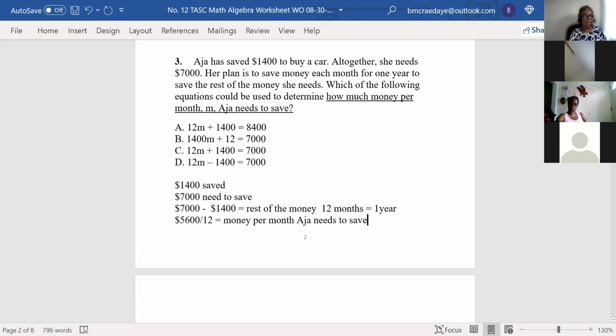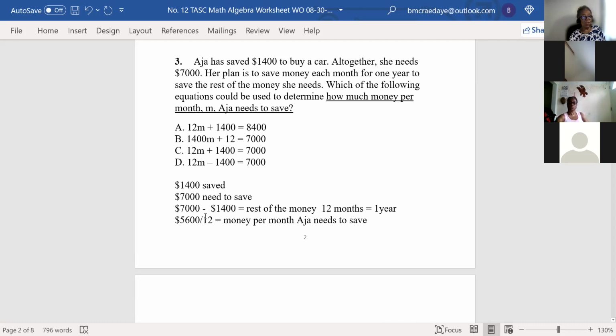Now, look at A, B, C, D. Which one of those expressions, which is an equality actually, shows 7,000 minus 1,400 divided by 12? D. D?